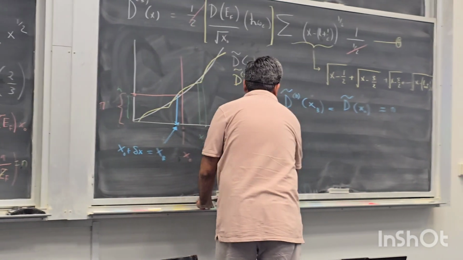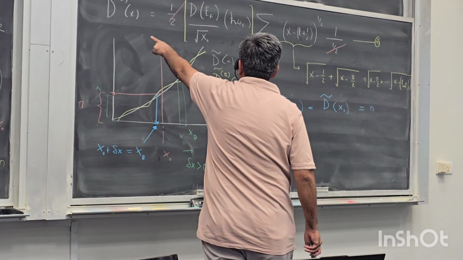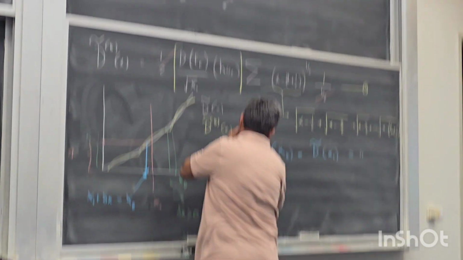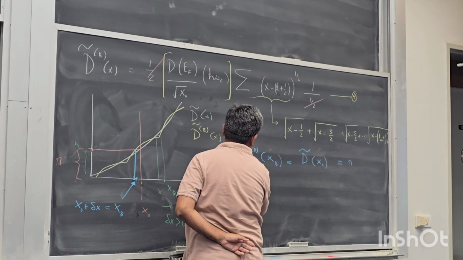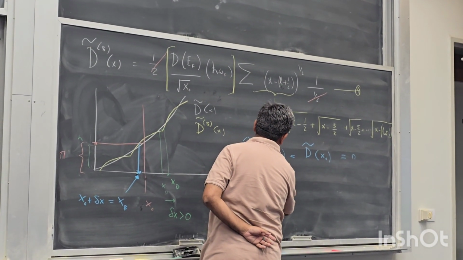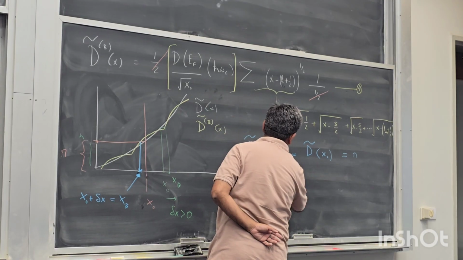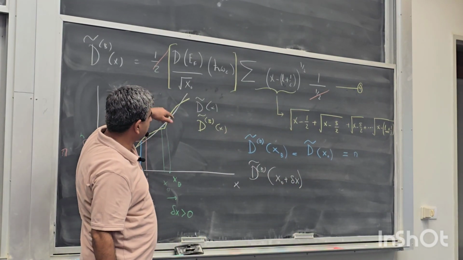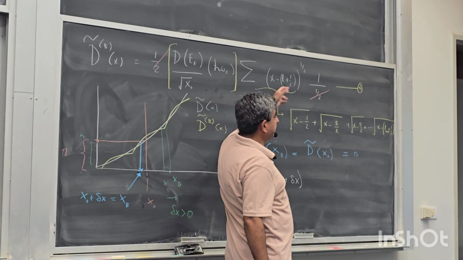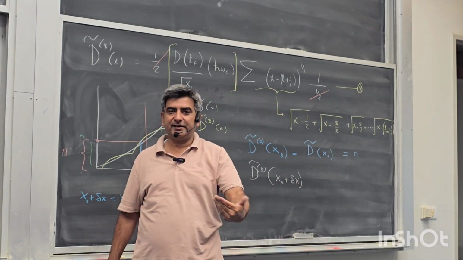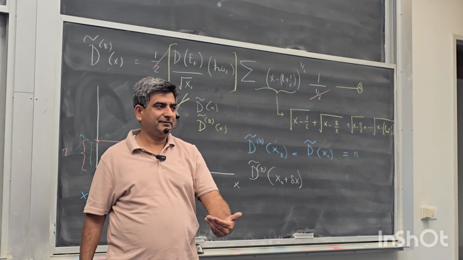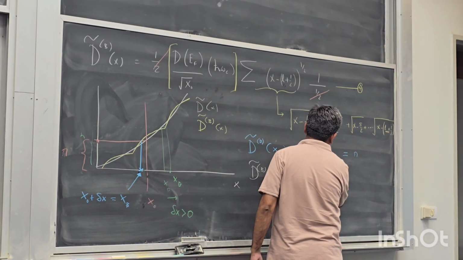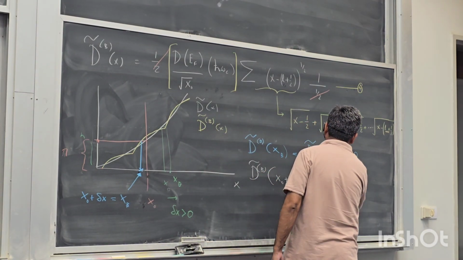So what you really need to do is you take this expression and replace this x with x_B, x naught plus delta x, and equate this to the expression in the absence of a magnetic field.